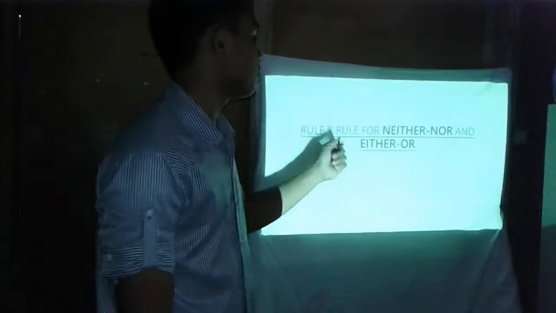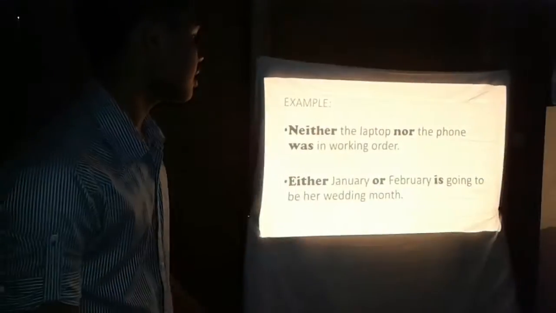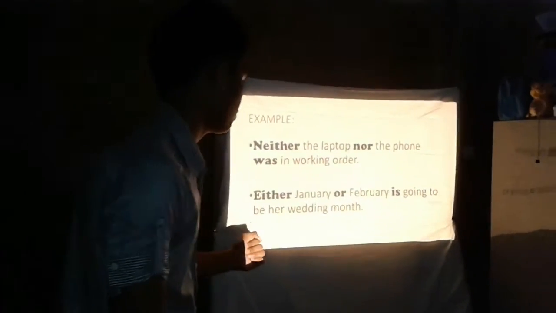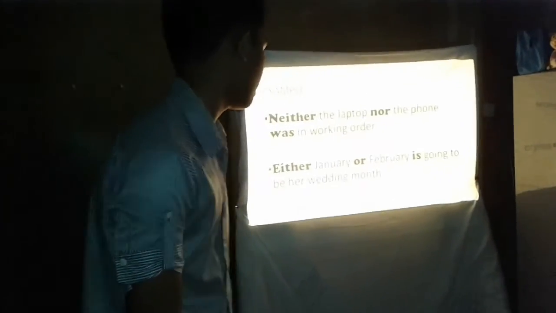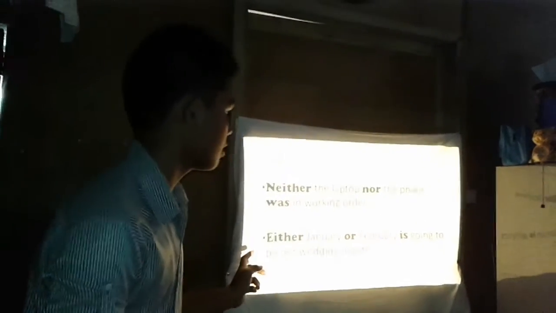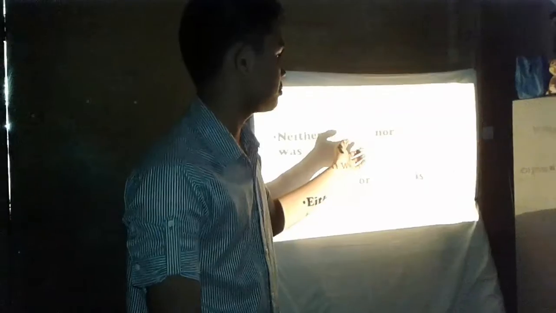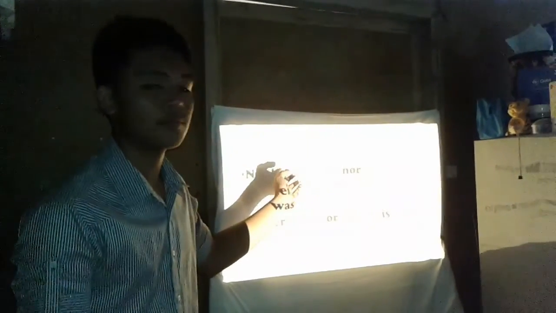Next rule. Rule number eight, rule for neither nor and either or. For example, neither the laptop nor the phone was in working order. Either January or February is going to be her wedding month. Whichever of the two, the laptop or the phone, it usually represents one.